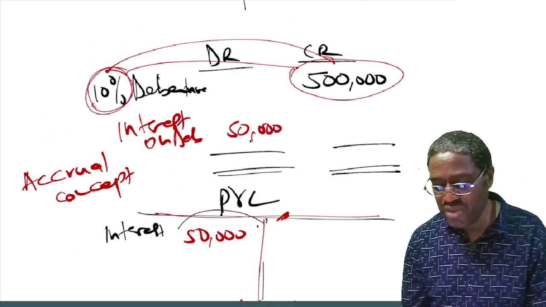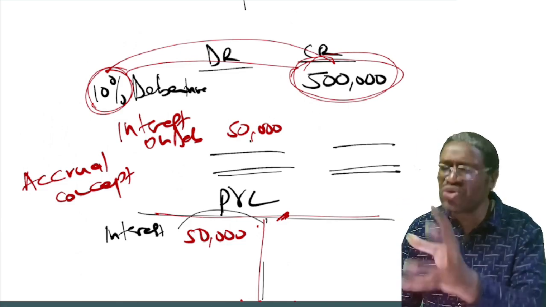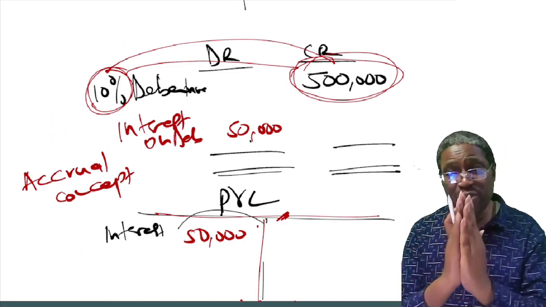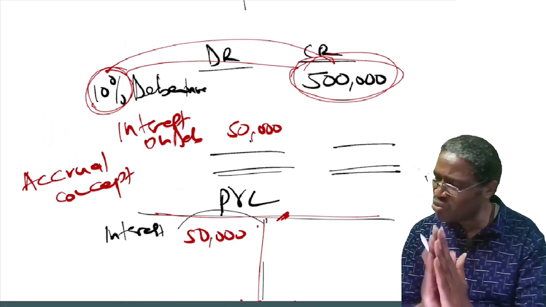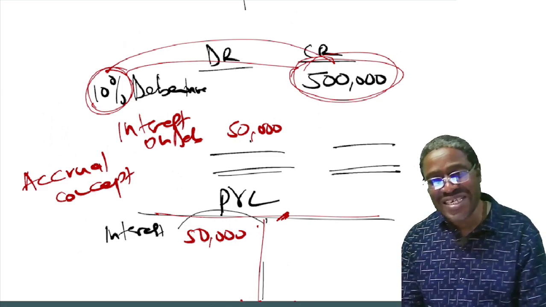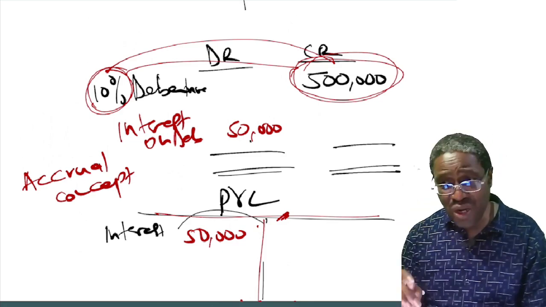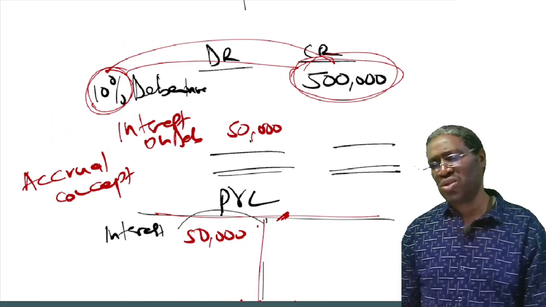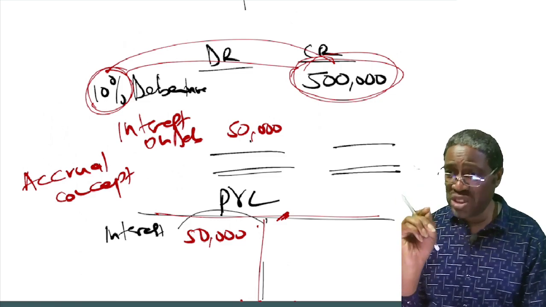How do you get it? 10% of the debentures, whether you have paid the interest or not. That's not the concern of the income statement. Whenever a company prepares an income statement, they recognize the charge, not whether they have paid or not. So the 10% interest on the debenture, 500, you got it as 50.